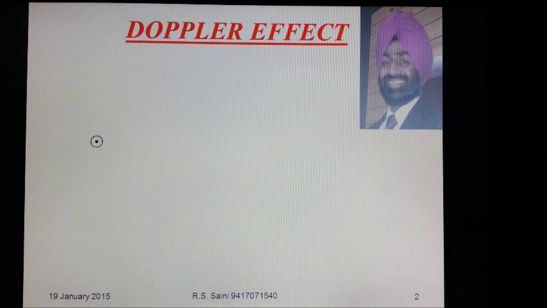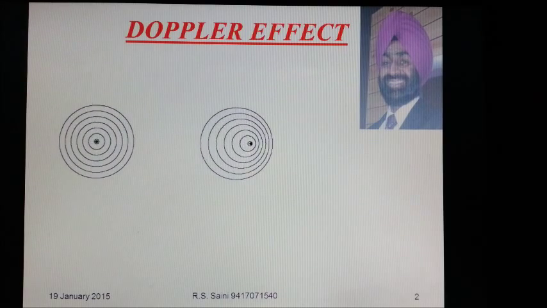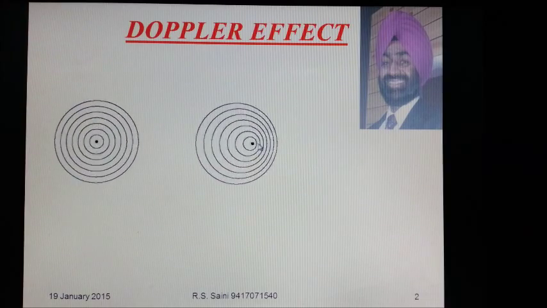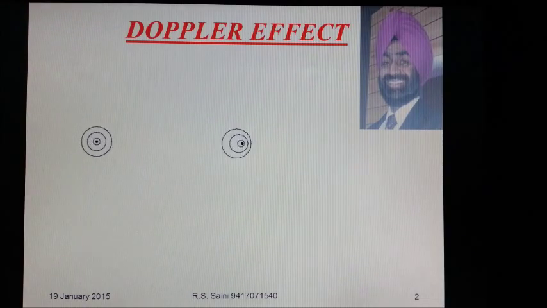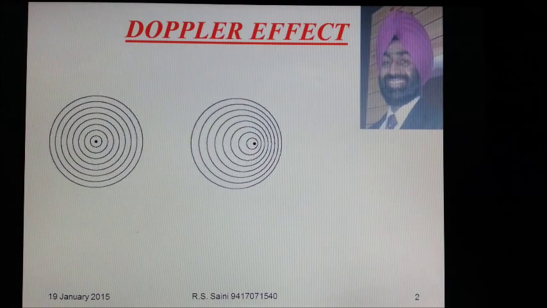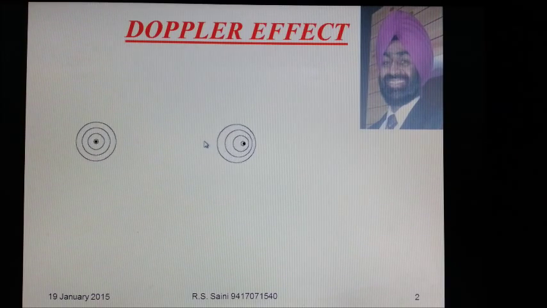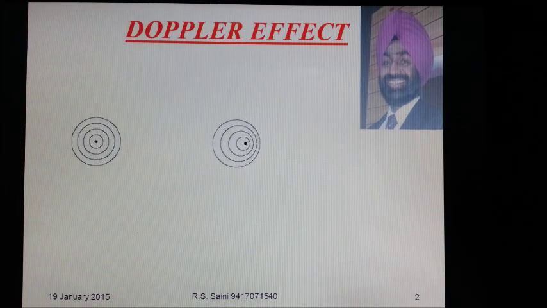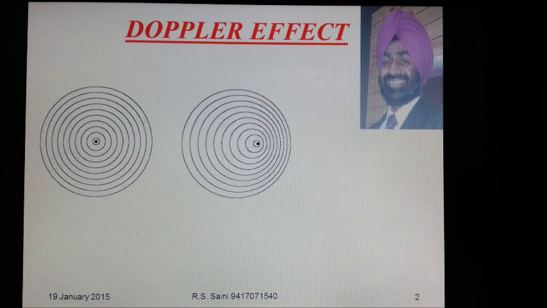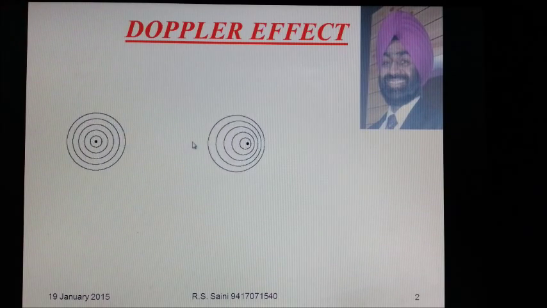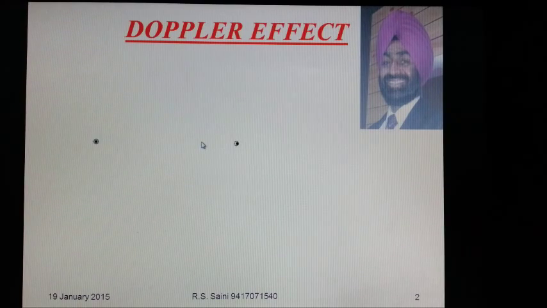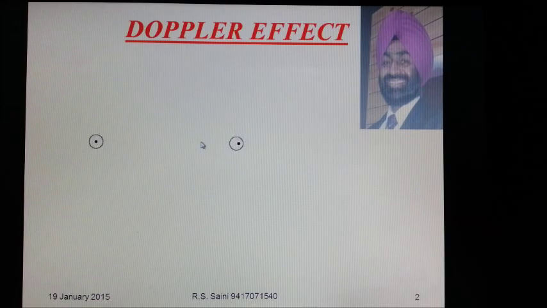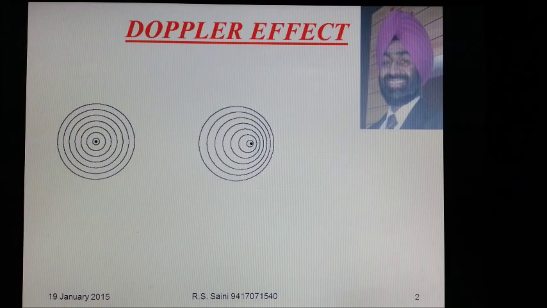But if the source is moving, you can see the person on the right hand side would receive smaller wavelengths, meaning more waves per second, whereas a person on the left hand side, as shown by the pointer, the waves received are rarer, that is a lesser number of waves are received per second. So a person on this side from which the source is moving away would have lesser number of waves per second, that is lesser frequency, or we can call it lesser pitch.